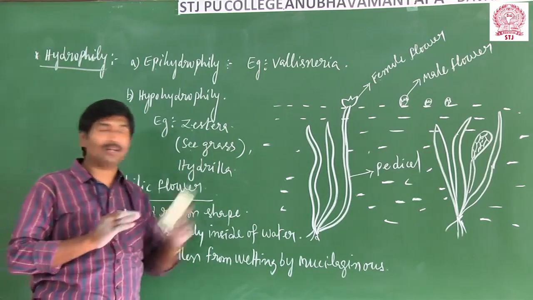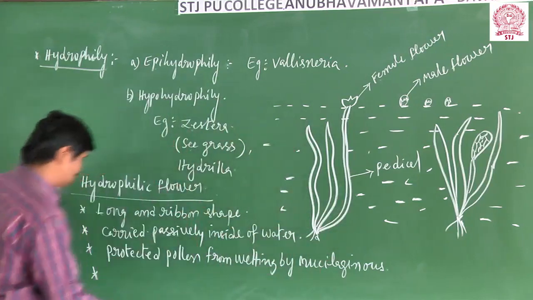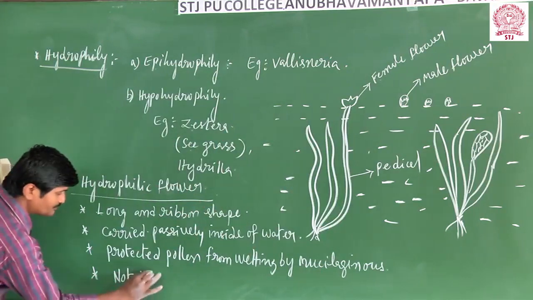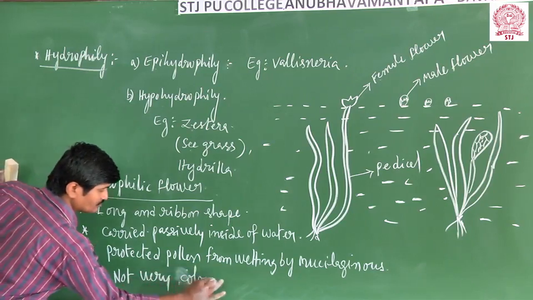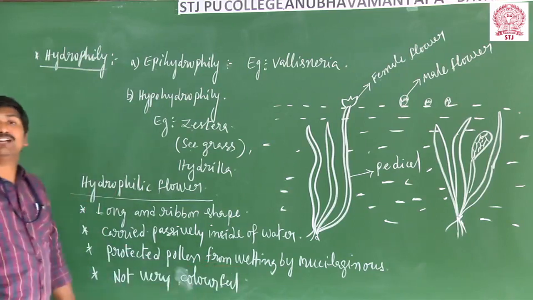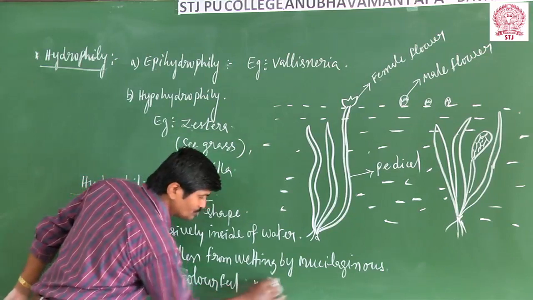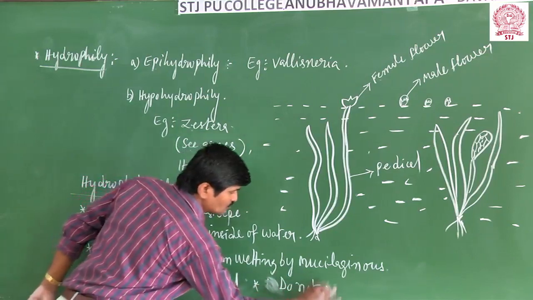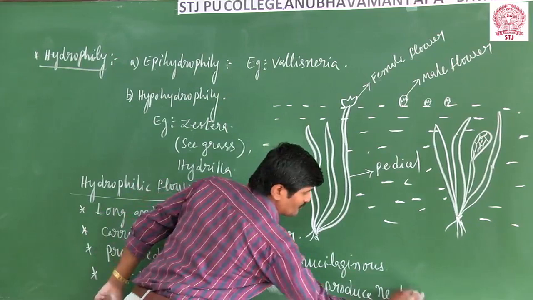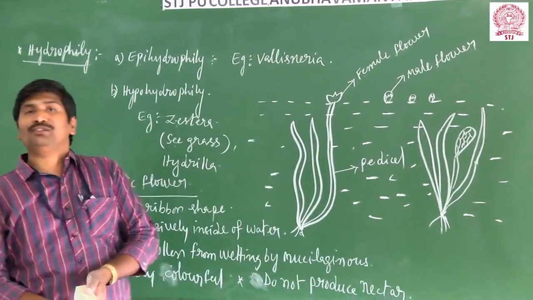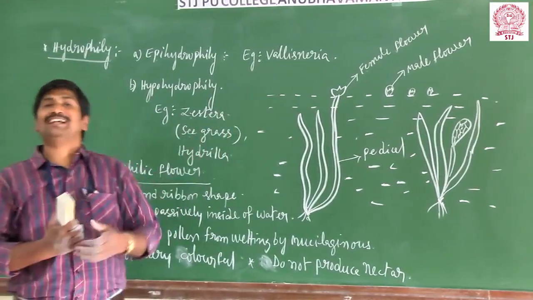Only the colorful flowers are for biotic agents, not for abiotic agents. Not very colorful flowers. Next one, they do not produce nectar. The hydrophilic flowers do not produce nectar, unlike insect pollinated flowers.